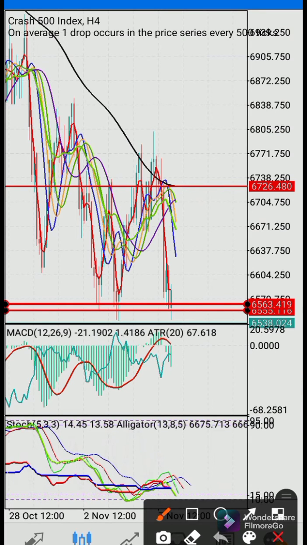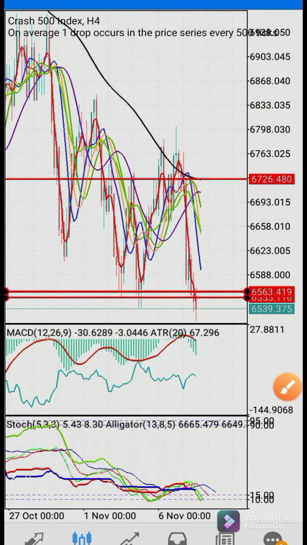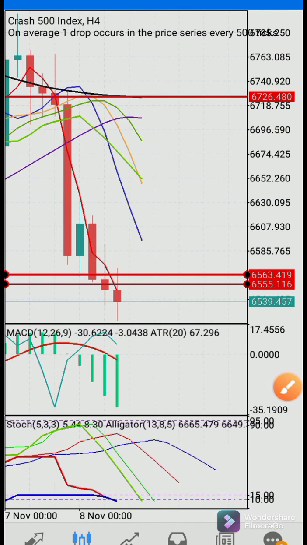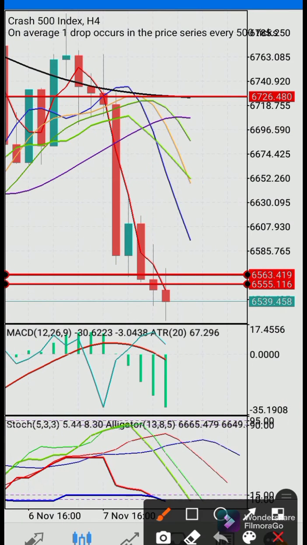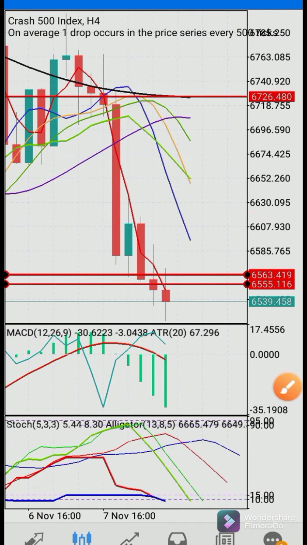The market is at lows. Possibly this market, you see, has broken out. But because of this scenario here, I think the market may come up to this level. The market might come up to that level according to structure, or even come up to this level.